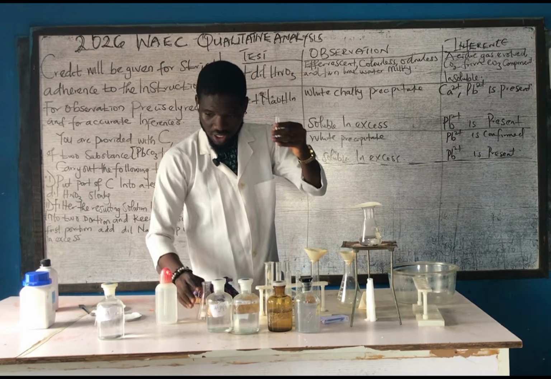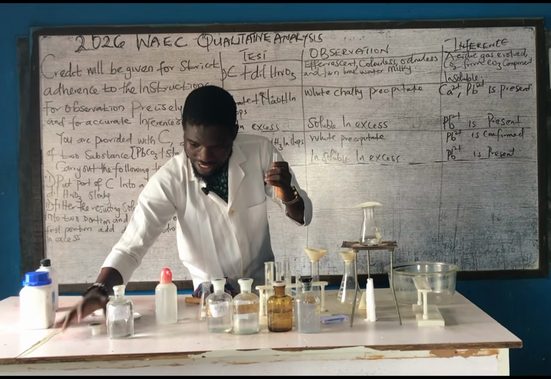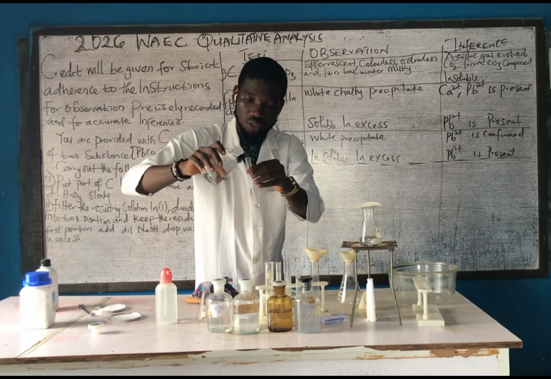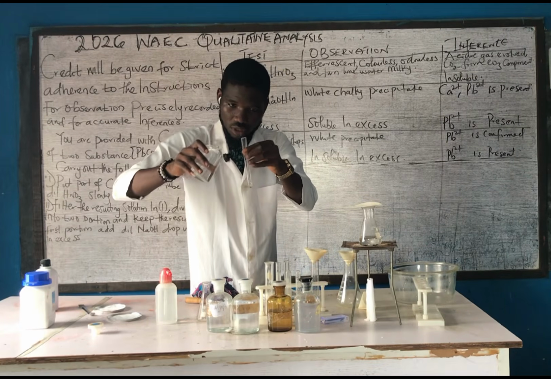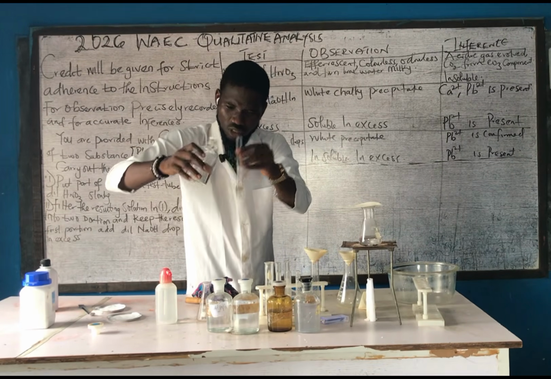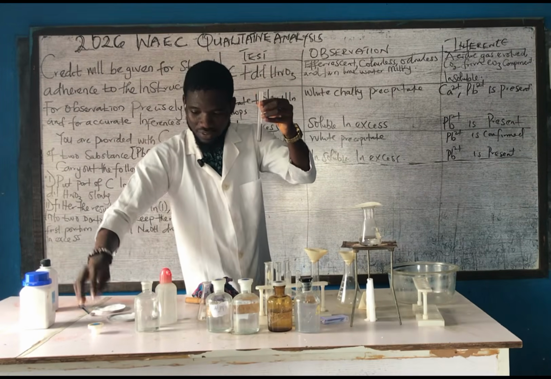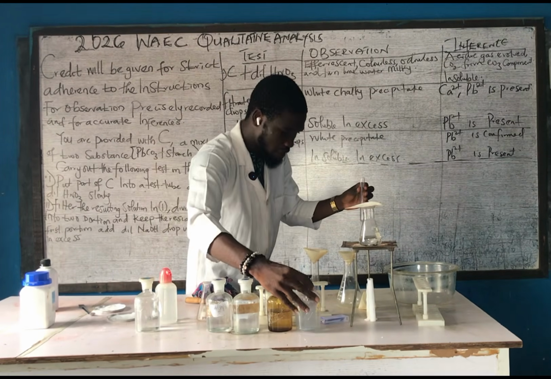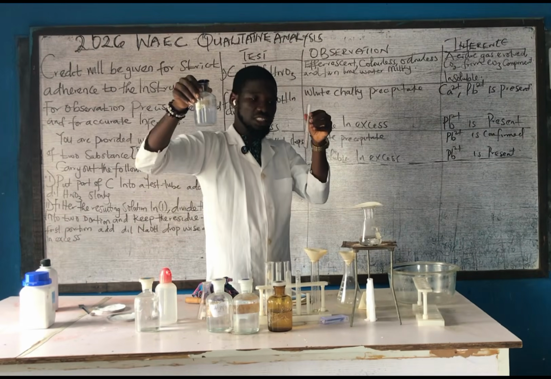This is my filtrate. Now let's add the dilute HCl in drops. Now, careful. So we only have a clear solution, just like when we make use of our AgNO3.